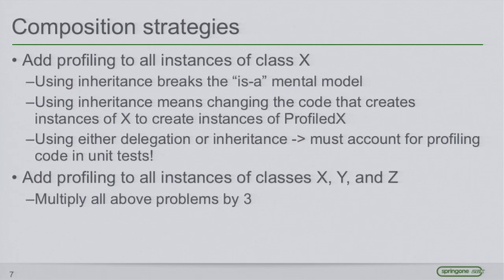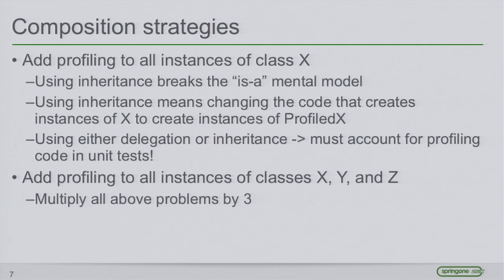So here's a quick example, right? Say you wanted to add profiling to all instances of some class that you have. Well, you could subclass that and add in some explicit profiling code inside the methods of your class, right? But does that really make sense? What if you've got a person class? What are you going to create, a profiled person class?